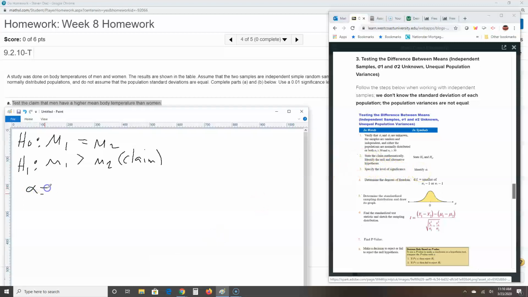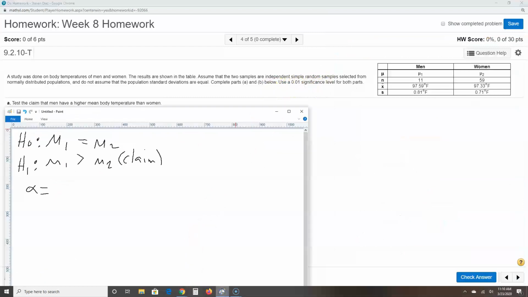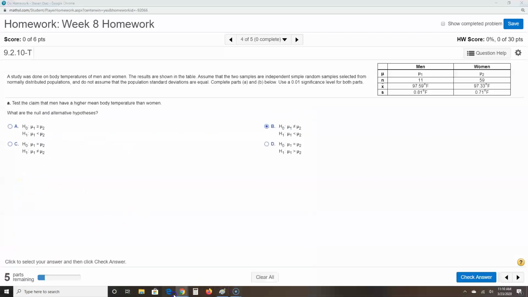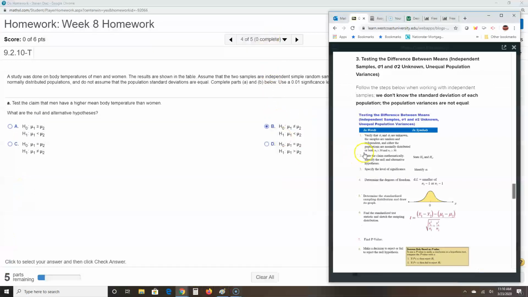And my alpha, you can see up here, is 0.01 significance level. That's my alpha. Step 3, oops, I opened this by accident. Let me close that.